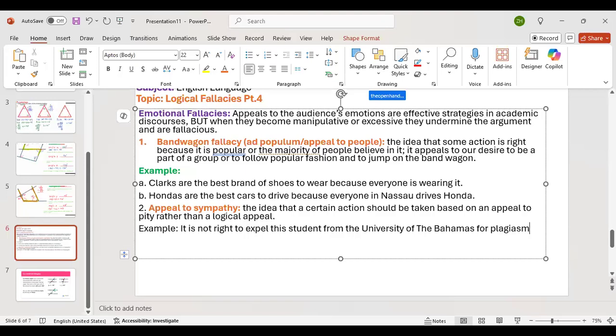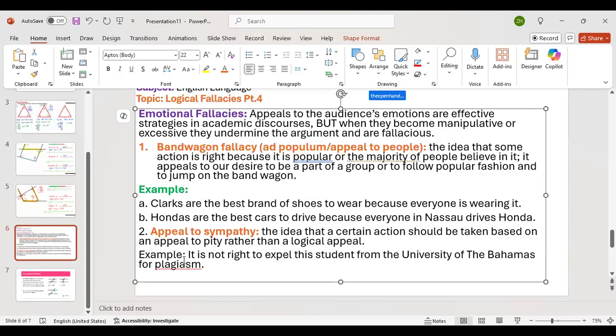Do you all agree with that statement? What exactly does plagiarism mean? When you copy something from another person. Yes, plagiarism is when you copy someone else's work without giving them credit.